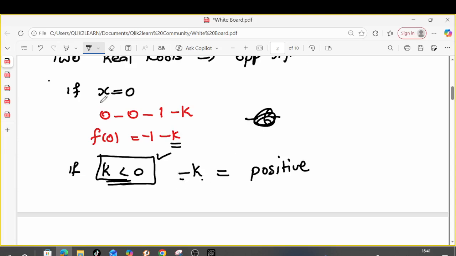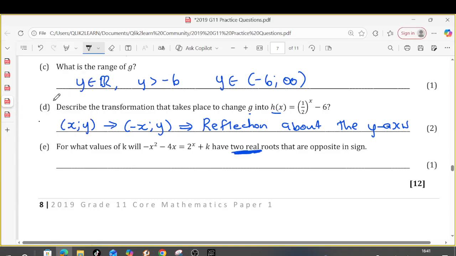It's your answer, because the question says for which values of k will this have two real roots that are opposite in sign. So this tells you that already we have minus k. But now if we have minus k, we need two that are opposite in sign. Remember, we are considering the product, so we need to say minus inside the bracket. Already we are saying minus 1.